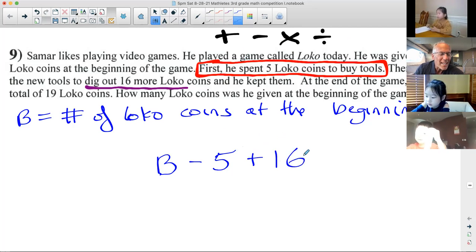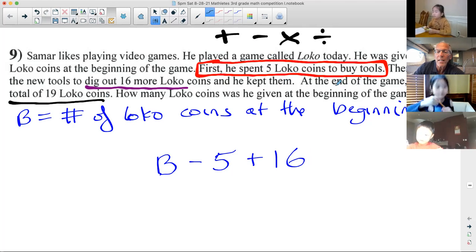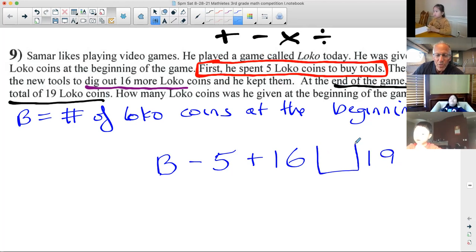Now, at the end of the game, he had 19 coins. So what do you think I should do now with 19? I'm going to put 19 over here. What goes in between B minus 5 plus 16 and 19? Who has an idea?